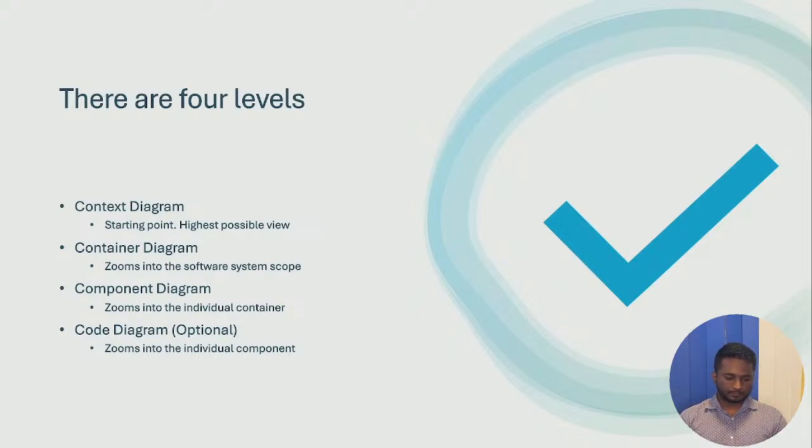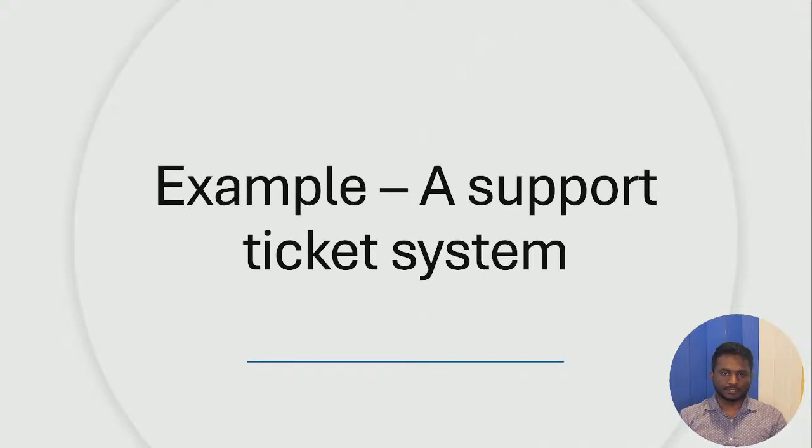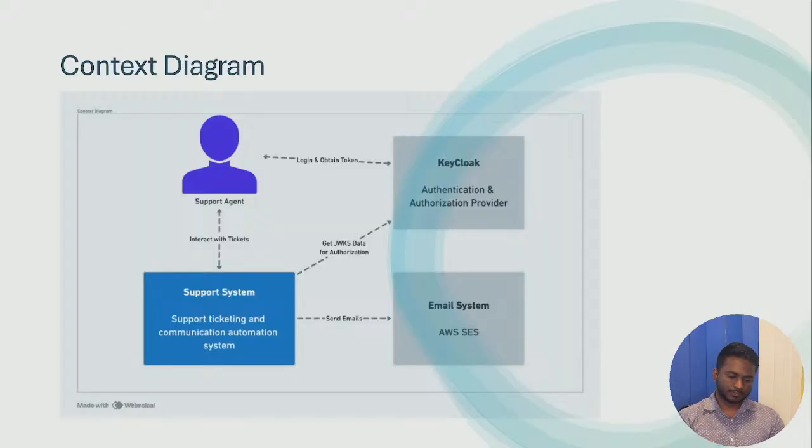Okay, so let's dive into the C4 model. I will take a support ticket system as an example. This is the context diagram for it. This is a very simple system where the system can only create tickets and update the status of them.